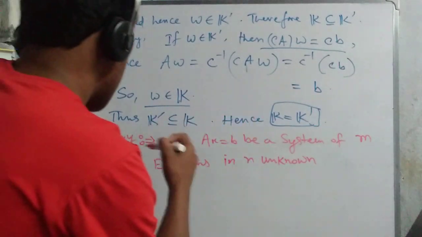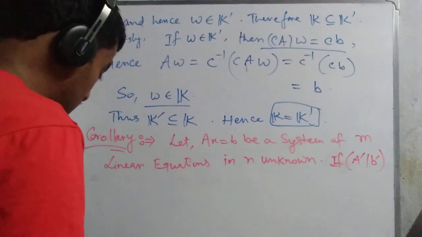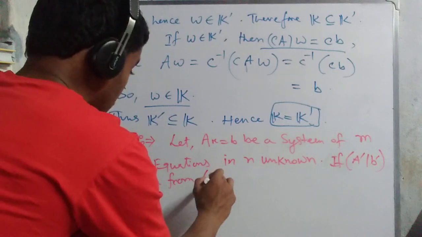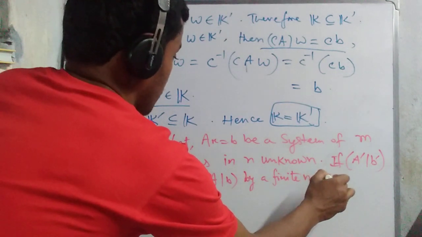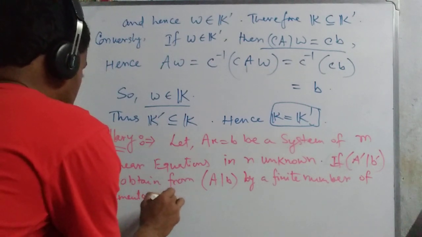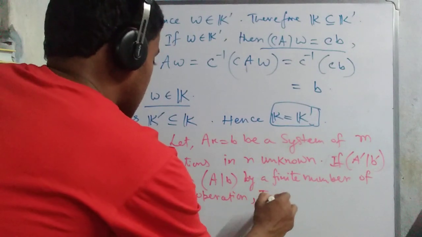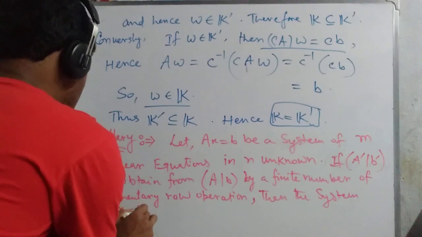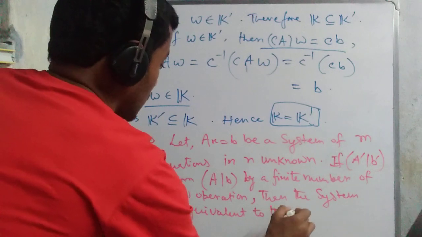Let AX equal to B be a system of M linear equations in n unknowns, and if A dash augmented B dash is obtained from A augmented B by a finite number of elementary row operations, then the system A dash X equal to B dash is equivalent to the original system.